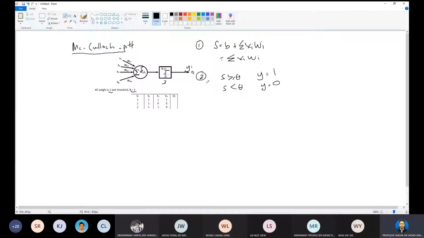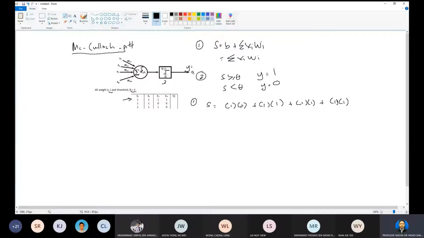So we can check the first iteration, input 1. First we have to calculate the S for input 1, iteration 1. So S equals X1 multiplied by weight 1, plus 1 multiplied by 1, plus 1 multiplied by 1, plus Xn, which is also 1, multiplied by 1.